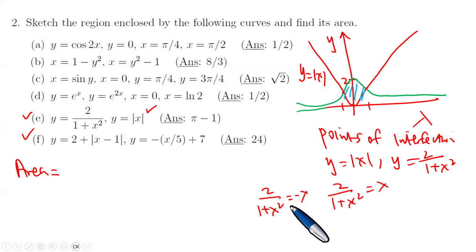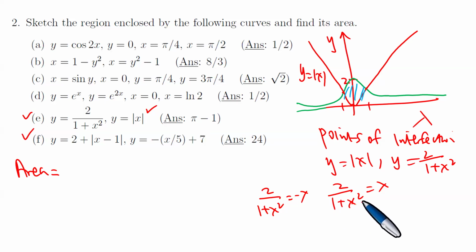So the question becomes, what are the points of intersection of these? Okay, I'm checking those. So if you have 2 over that, then you have the x, which equals that exactly.